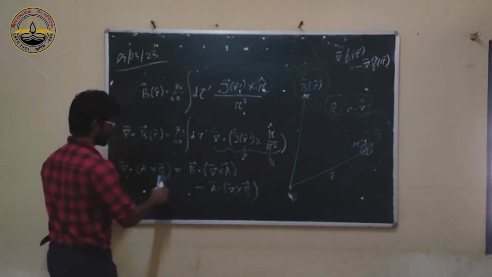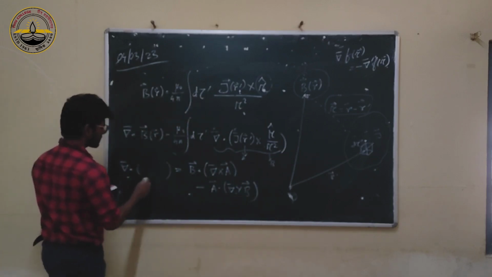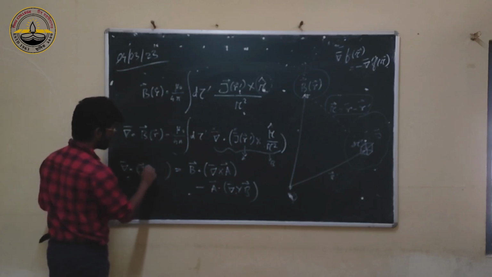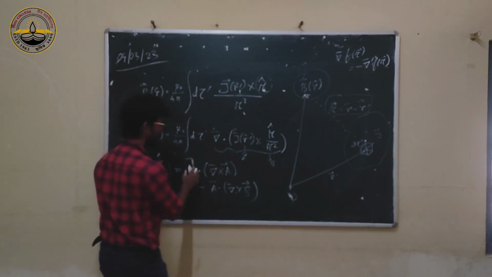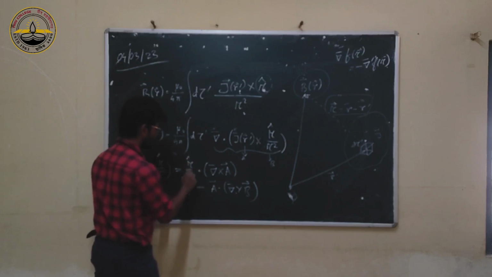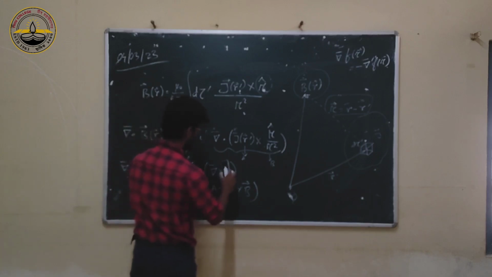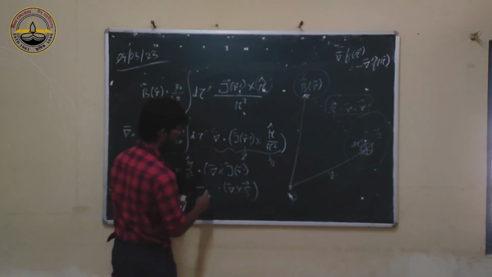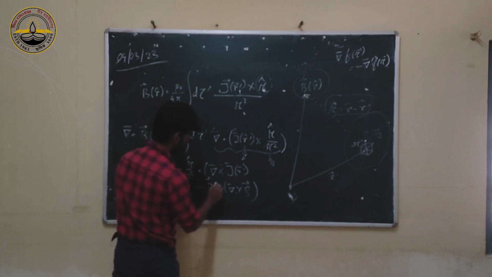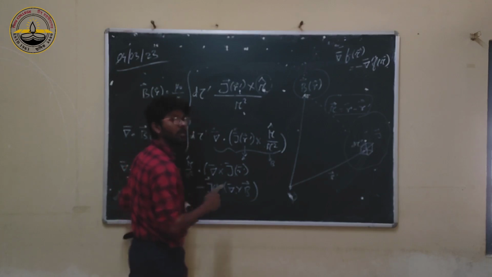So if I expand, J of r prime, r vector, whole r cap by r square. So del cross A B is r by r square, A whole J r prime.